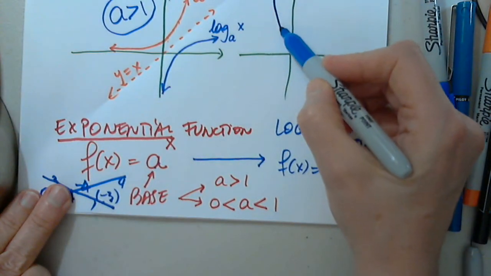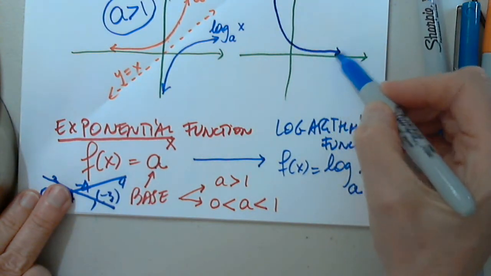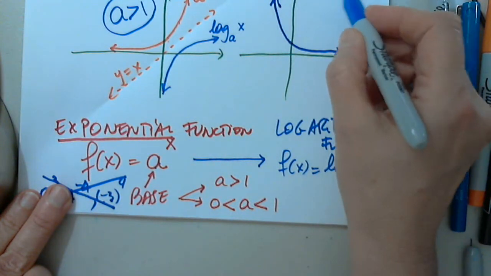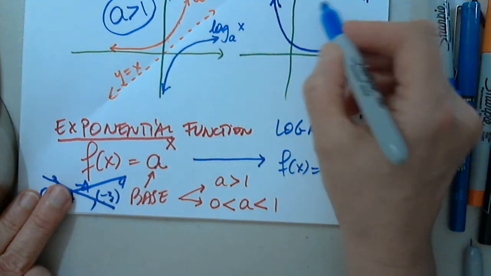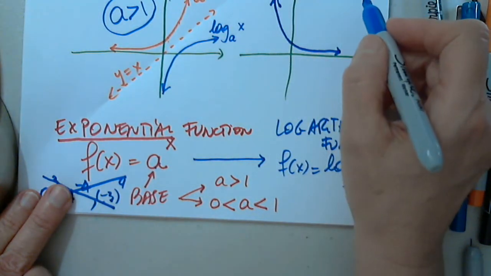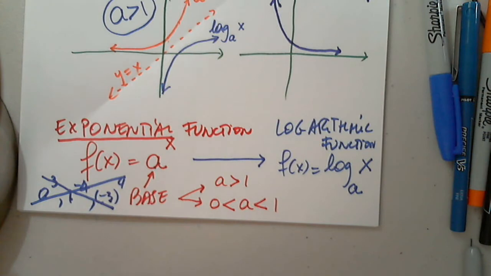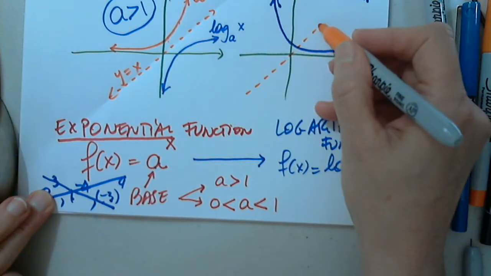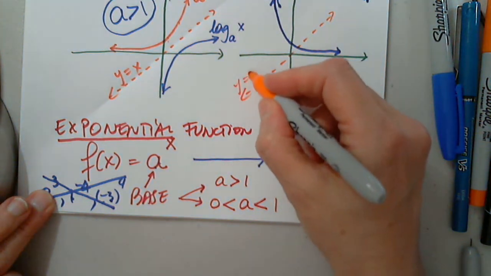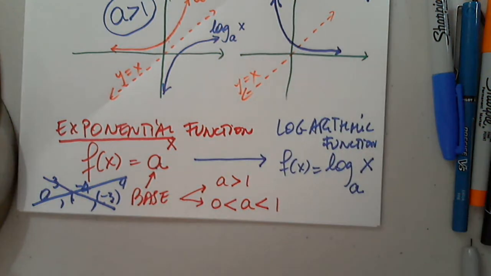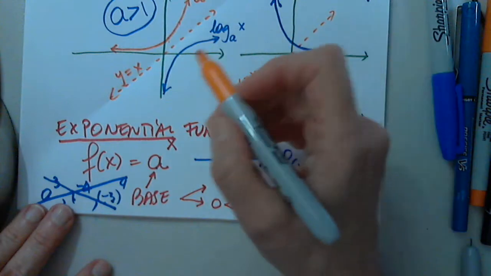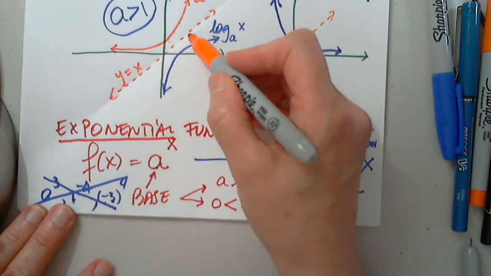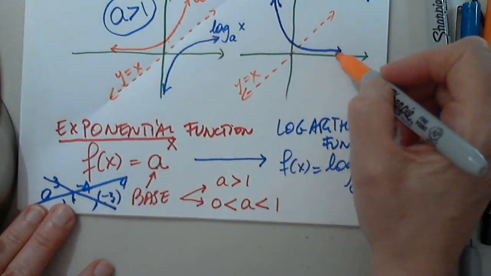This one looks like this. It's a decreasing function on all its domain. This is still a to the x, but a is a tiny, small positive number, not 0, not 1. Yes, I have to draw y equals x again. And I have to draw the inverse function. Careful now. This function, or either one, did not cross y equals x, but this one does.